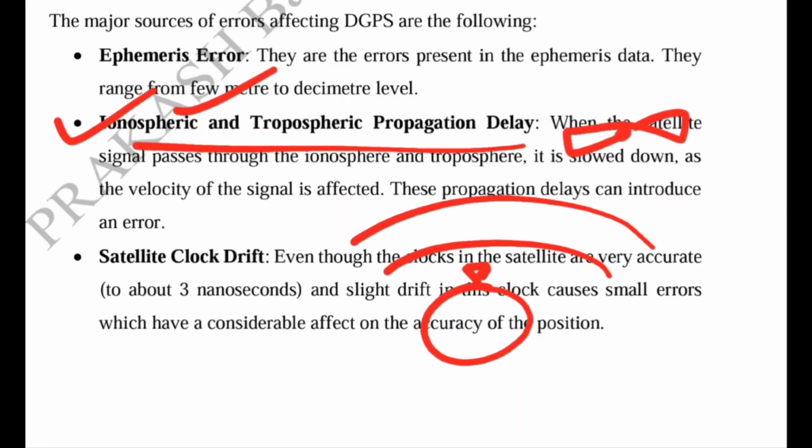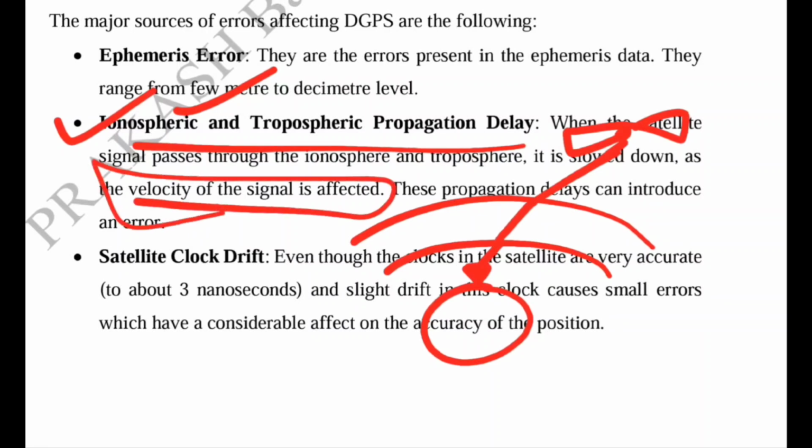It transmits the signal to the GPS receiver, but there may be a delay in the signal reaching the receiver due to the gases in the ionospheric layer and tropospheric layer, because the velocity of the signal gets affected or slows down in these layers.